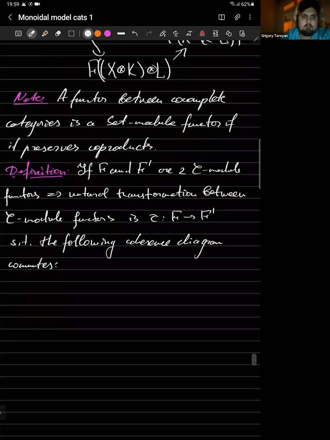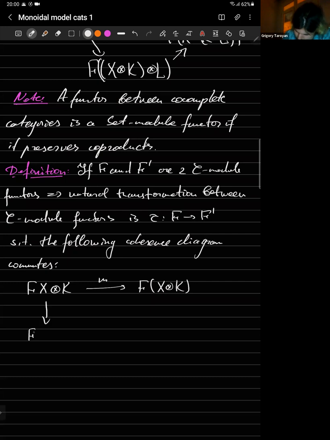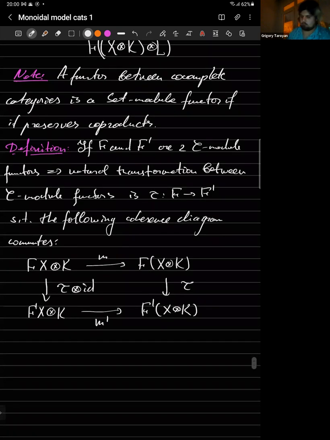Okay, so let's step down. Yeah, so this is an example of a coherence diagram.